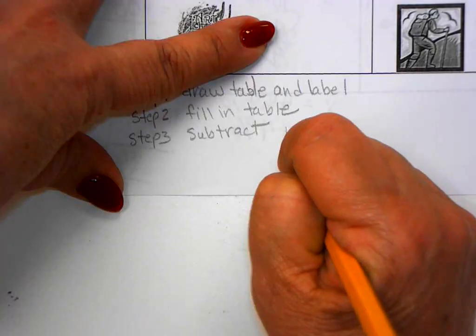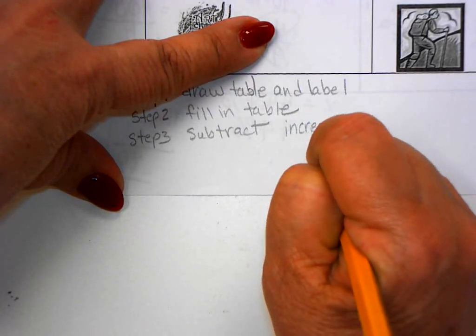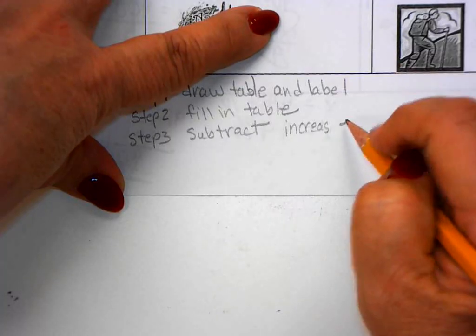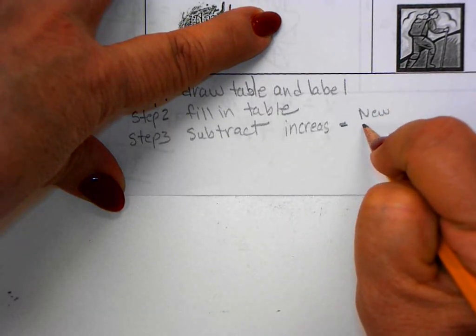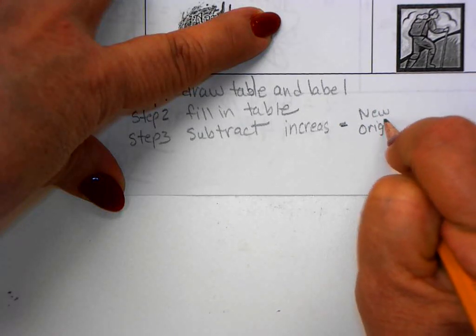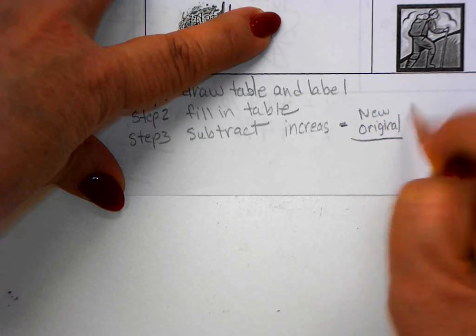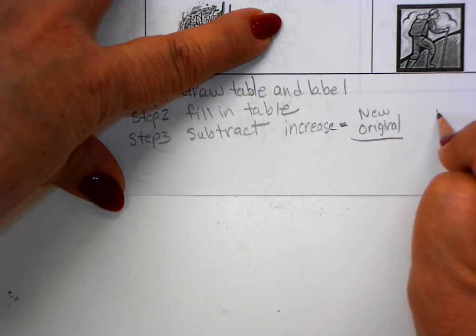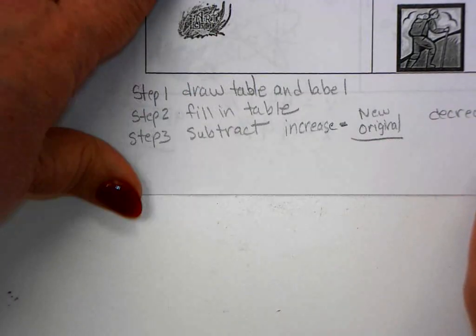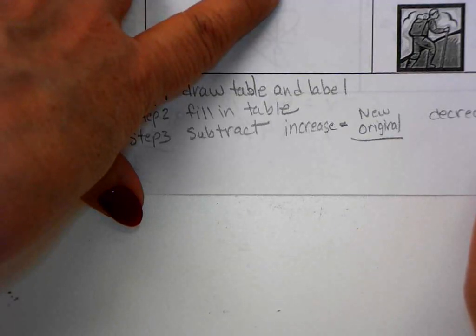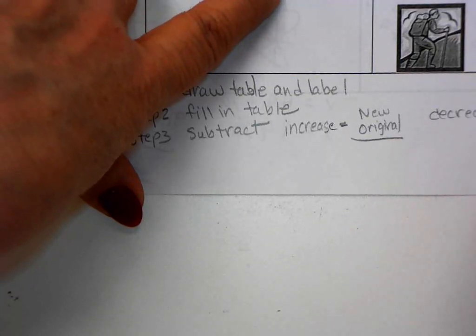Okay, so if you have an increase, it's going to be the new number minus the original. If it is a decrease, then it becomes the opposite.